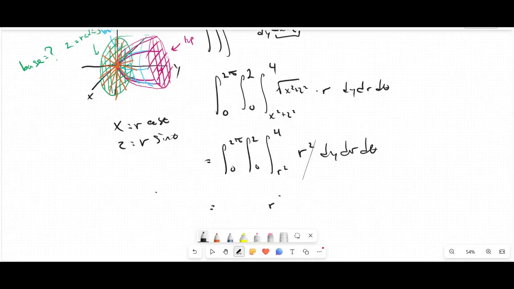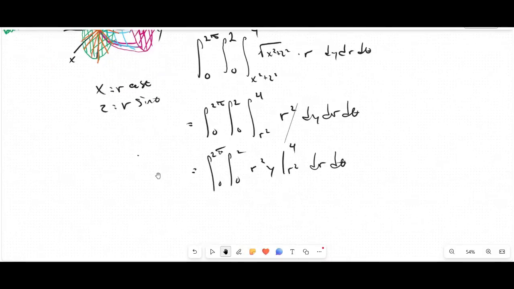So I get r squared y from r squared to 4. Then this comes out to be 4r squared minus r to the 4th. We're going to integrate that, so 4r cubed over 3 minus r to the 5th over 5 from 0 to 2.